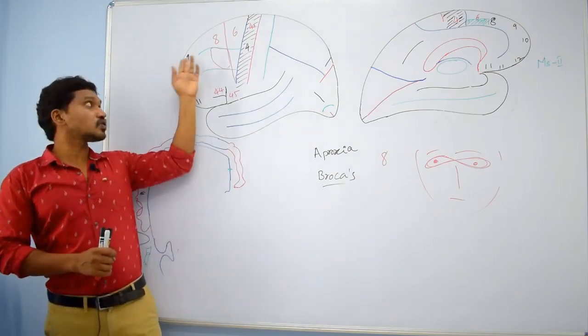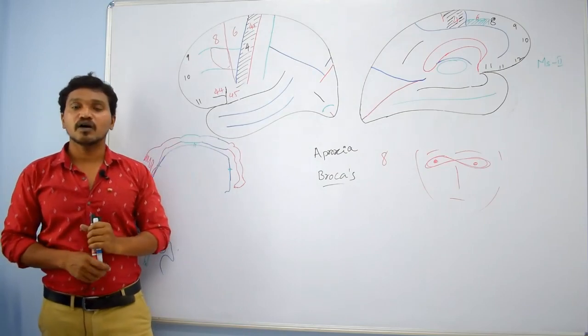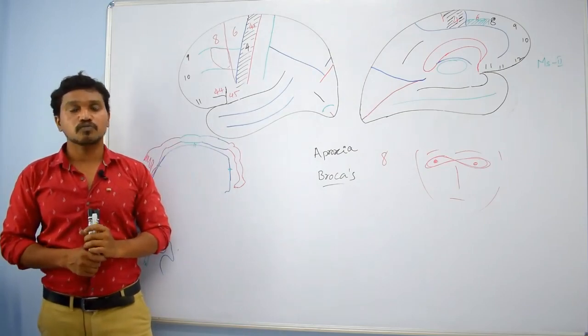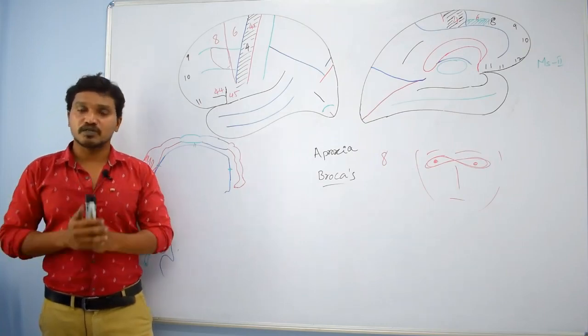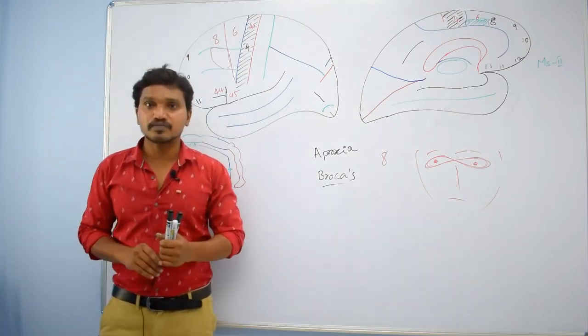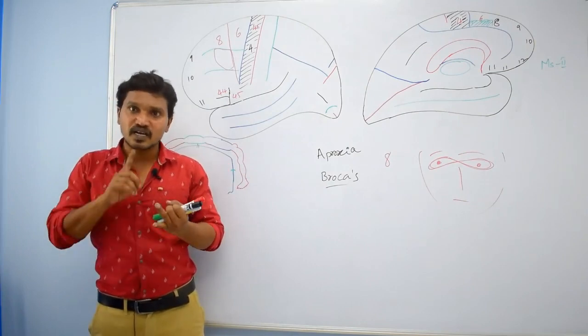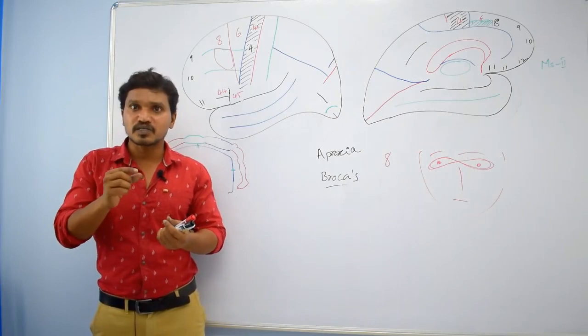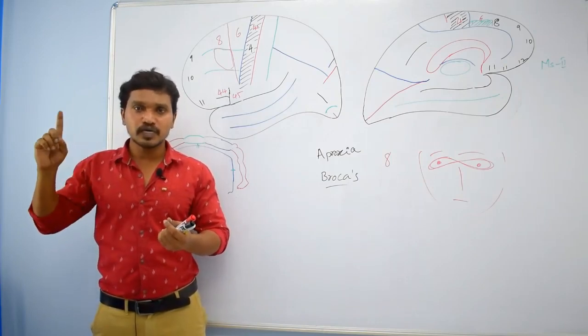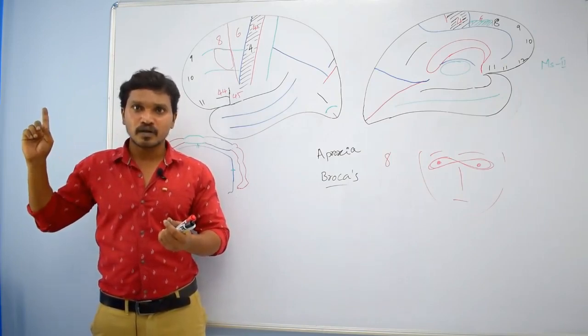If there is injury to this region, we call it frontal lobe syndrome. In that, how will the patient be? He will be very aggressive, with loss of concentration, loss of orientation, loss of attention, loss of recent memories. Of course, remote memories will be retained. Right?